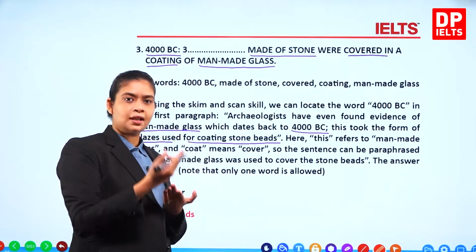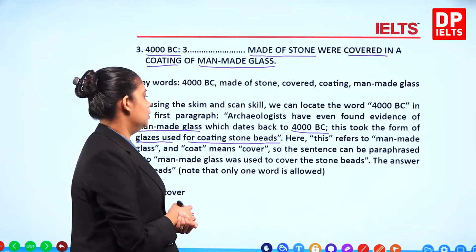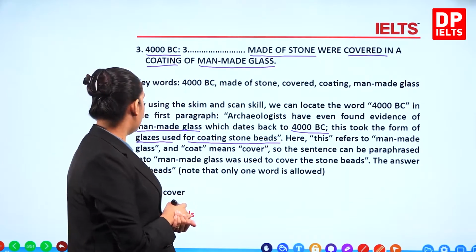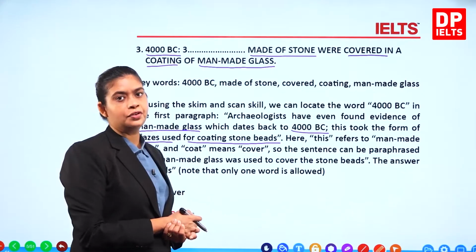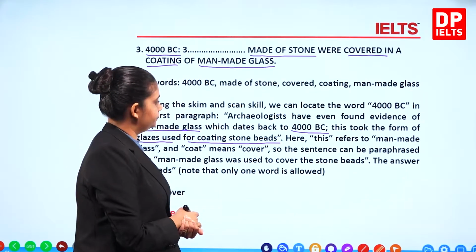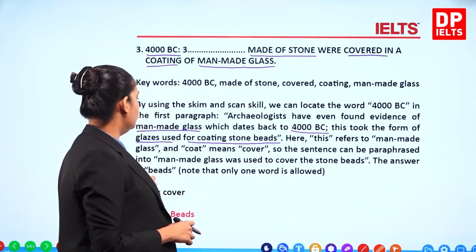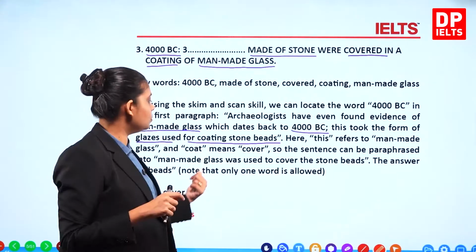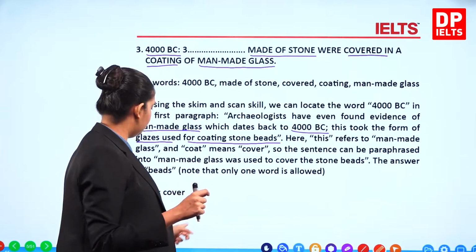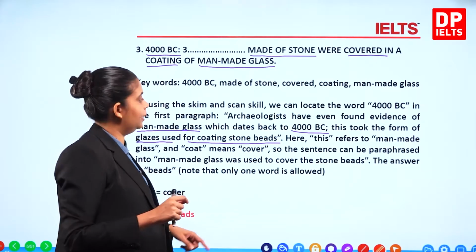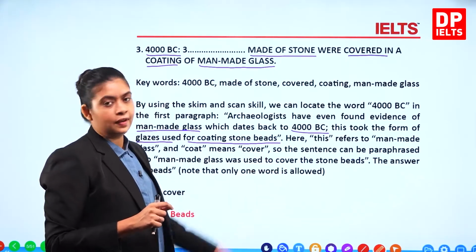A coat means a covering, okay? So the sentence can be paraphrased into: man-made glass was used to cover the stone beads. So the answer is beads. Note that only one word is allowed and therefore you can only take the word beads, okay? So here is your answer.